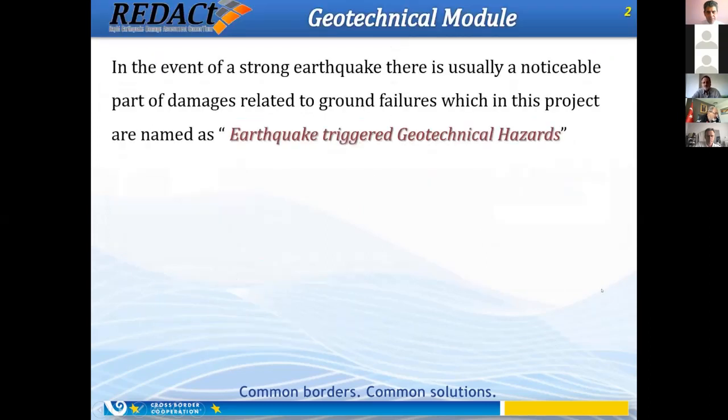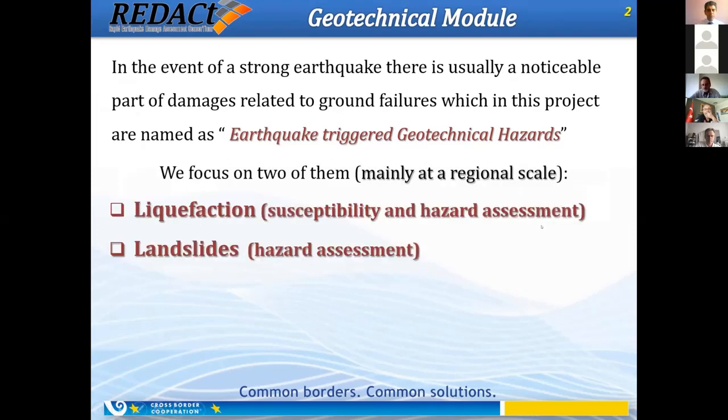Well, in the event of a strong earthquake, usually we have a part of damages which is related to ground failures. And this in our project is named as earthquake triggered geotechnical hazards. We focus only on two of them, and mainly at the regional scale, not a local scale for the time being.